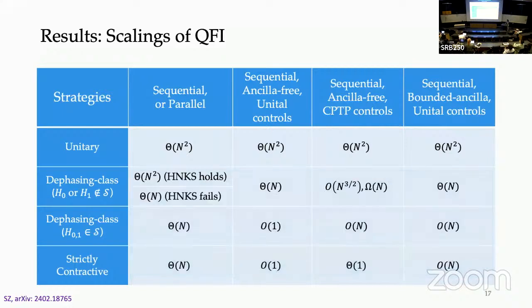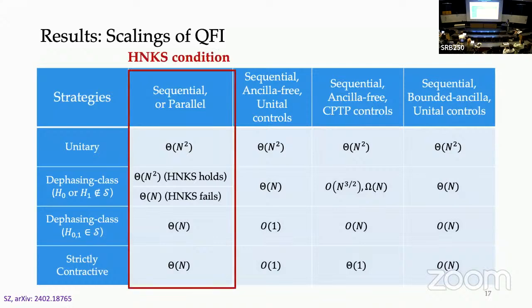Okay, so then here's the result. On the first column, we already know that we can use the HNKS condition to help us determine the scaling of the quantum Fisher information. So basically, if the channel is a dephasing class channel of the second type, or a strictly contractive channel, we can show that the HNKS condition always fails.